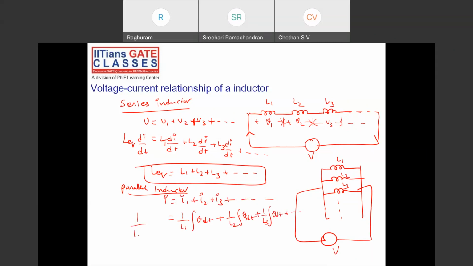This is equal to 1 by L equivalent integral V dt. So 1 by L equivalent is equal to 1 by L1 plus 1 by L2 plus 1 by L3 and so on. Important. So series inductors, parallel inductors.